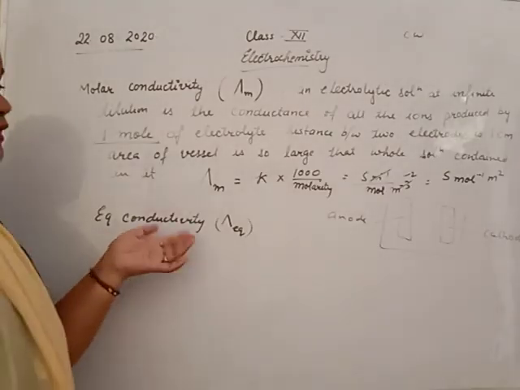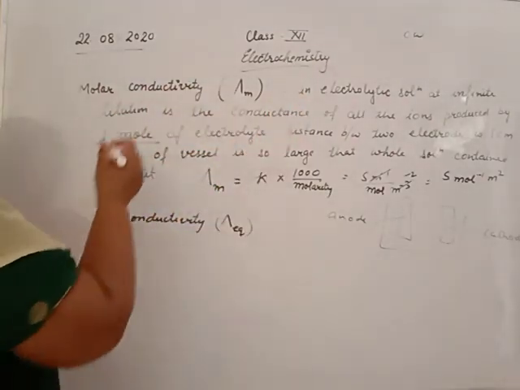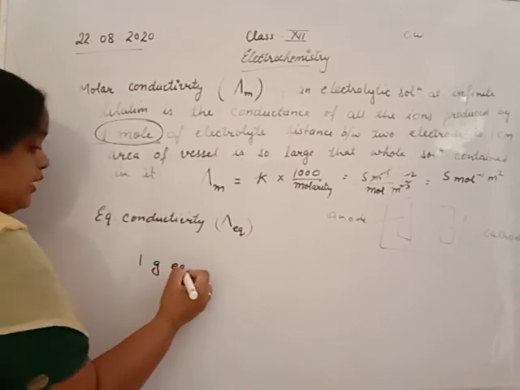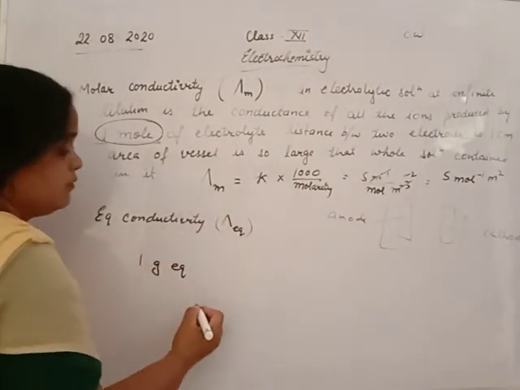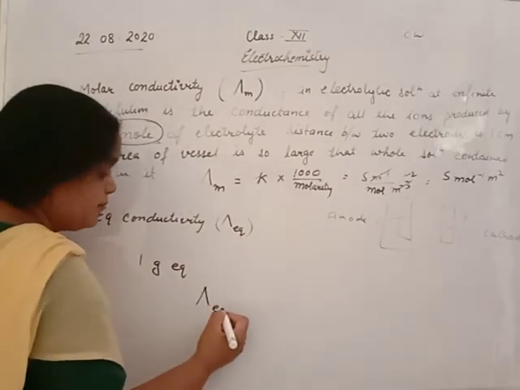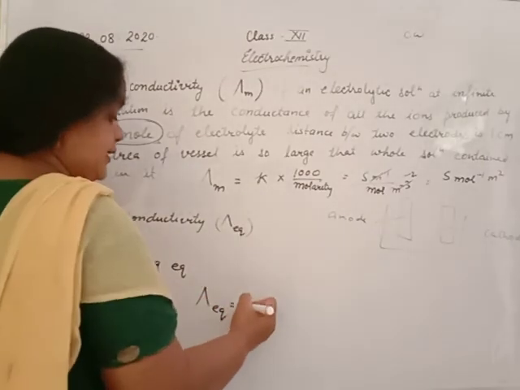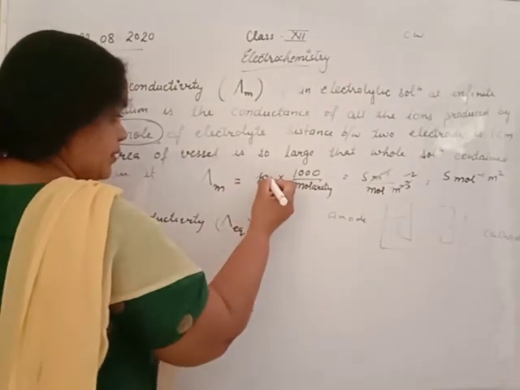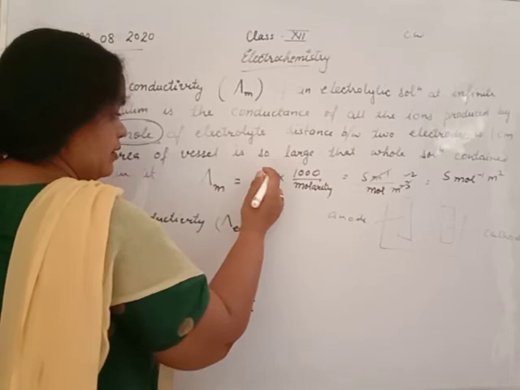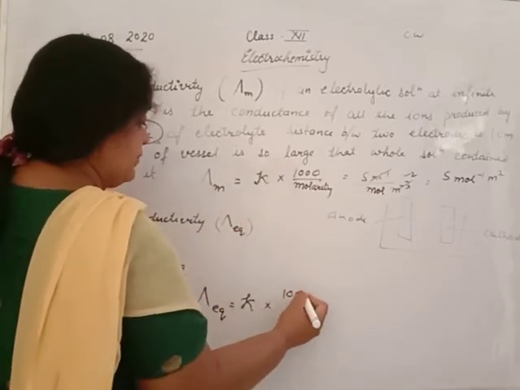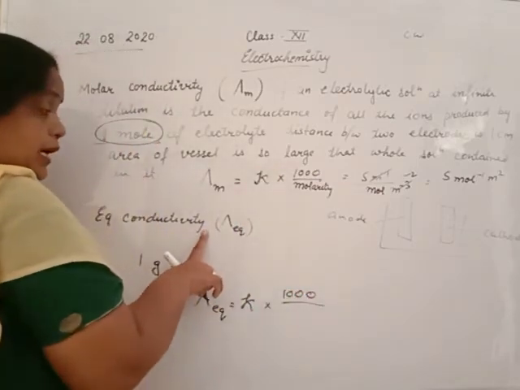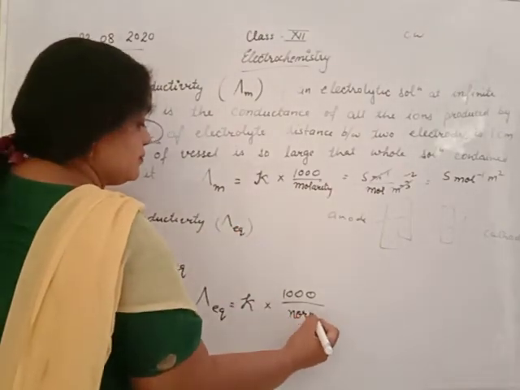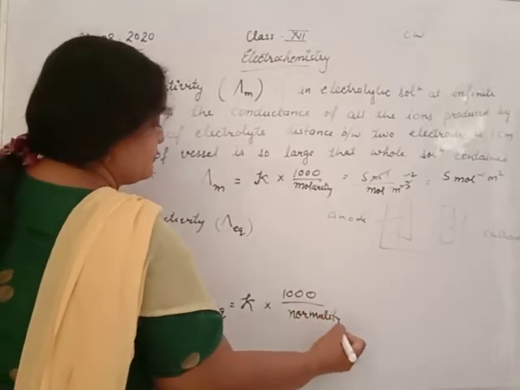Then equivalent conductivity: the whole definition remains the same, only the term changes. In place of 1 mole it is 1 gram equivalent. If you want to calculate the equivalent conductivity, it is conductivity kappa multiplied by 1000 upon normality.